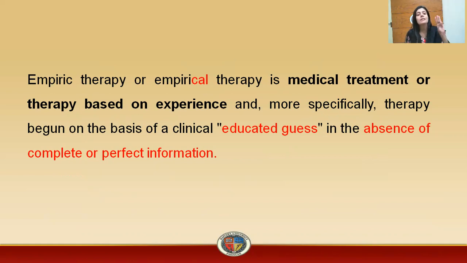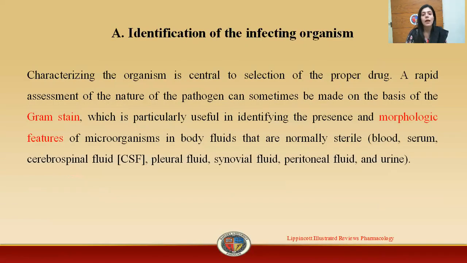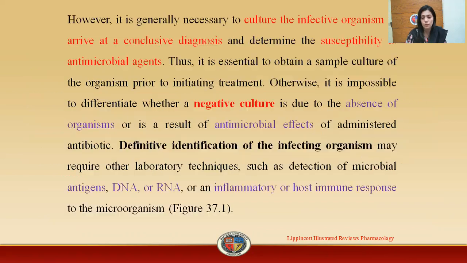Thirdly, this is the therapy which you are giving to the patient before the final laboratory results, before the complete information. Now, for giving any agent to the patient, you must know which type of infection the patient is suffering from, either gram positive or gram negative.